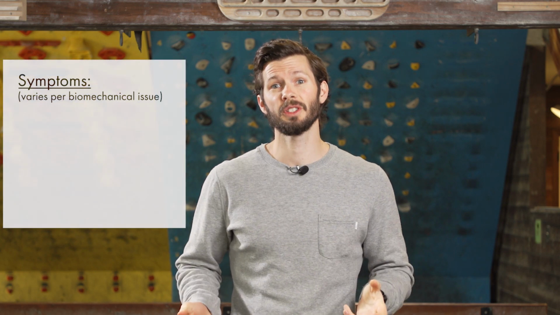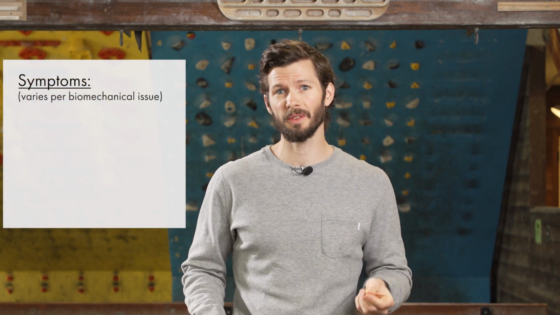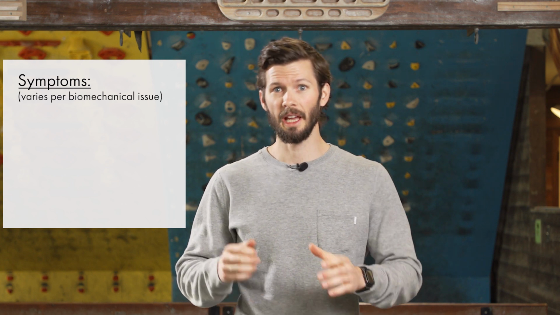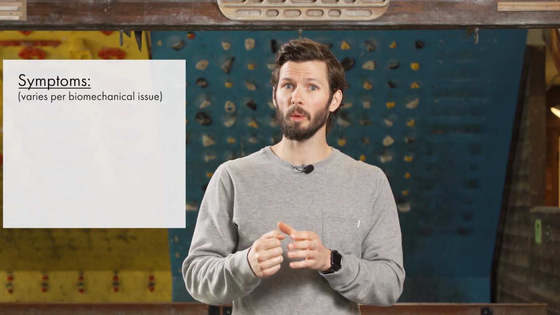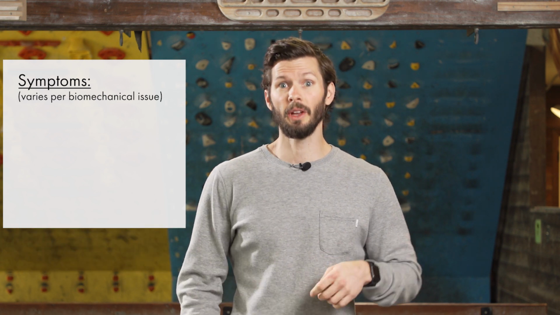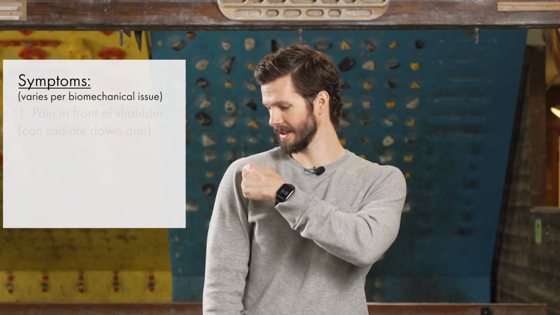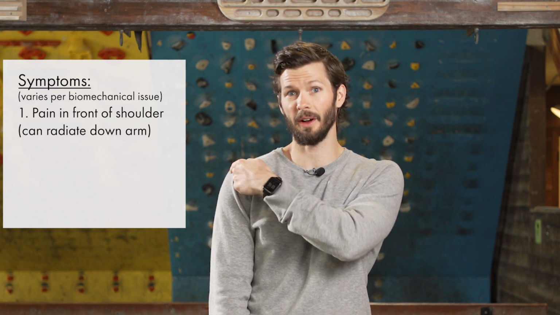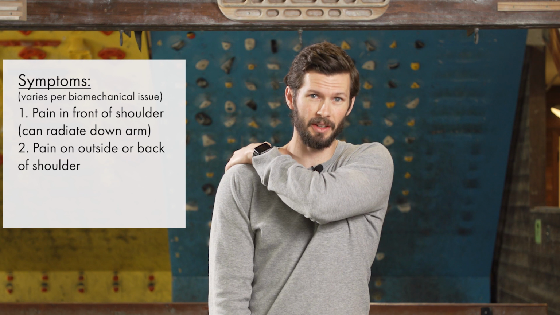Symptoms for this issue can present in a number of different ways based upon what your biomechanical issues might be. If your shoulder is sitting more forward, you can have other complications than if it's just an upward elevation issue. You most commonly will get pain in the front of the shoulder, but you may also get pain on the outside or even the back of the shoulder.